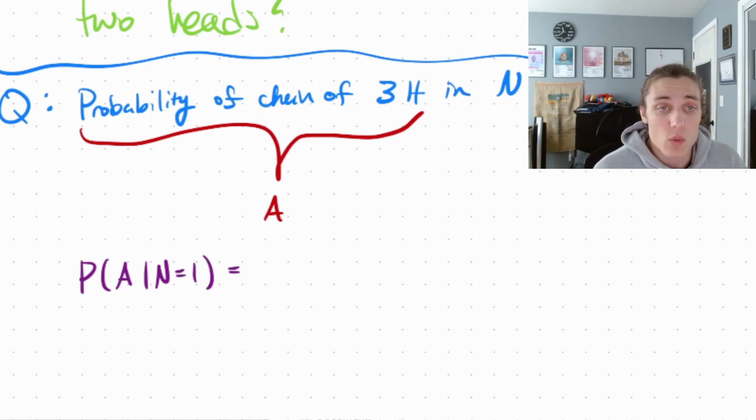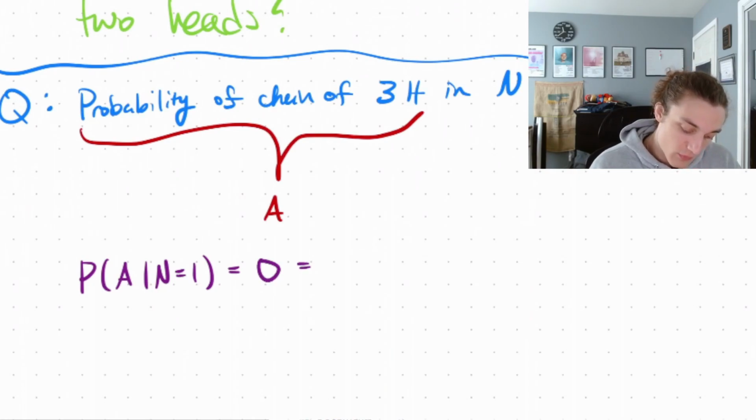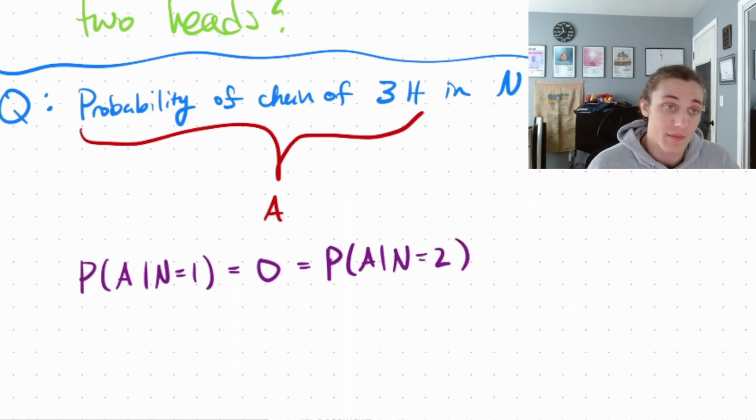If we have 1 coin toss and we're looking for a chain of 3 heads, can that occur in 1 coin toss? No. So that probability is going to be 0. Moreover, if we only have 2 coin tosses, so n is equal to 2, then that is also going to have a 0 probability.